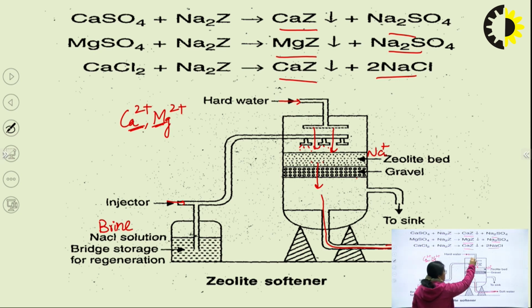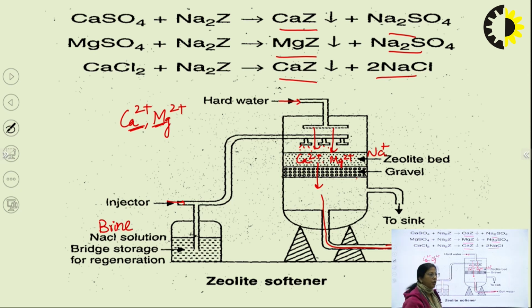After some liters of hard water have passed, the zeolite bed is going to get saturated with calcium and magnesium ions, and all the sodium ions are going to get converted into calcium and magnesium ions. Then the exchange capacity of the zeolite bed is going to be reduced. So to use the zeolite bed again, we have to regenerate it.